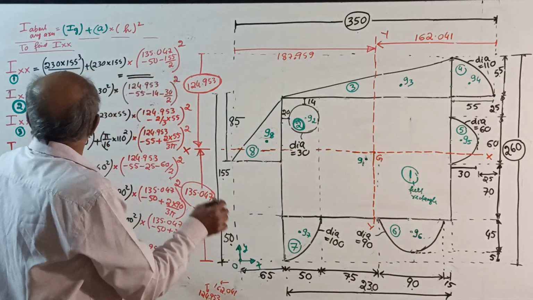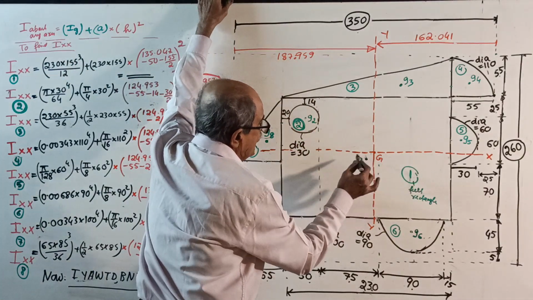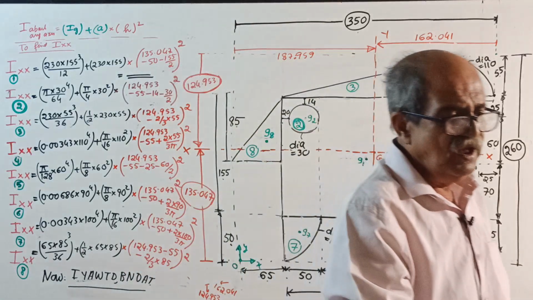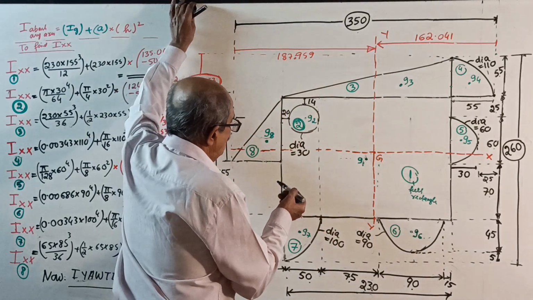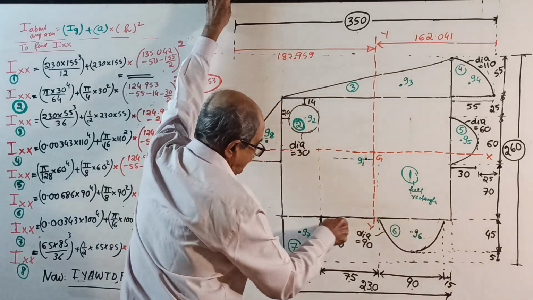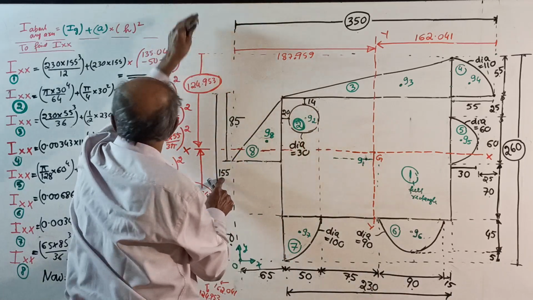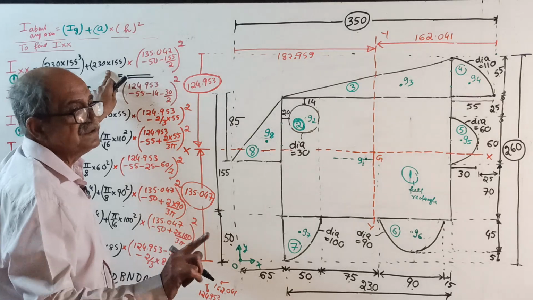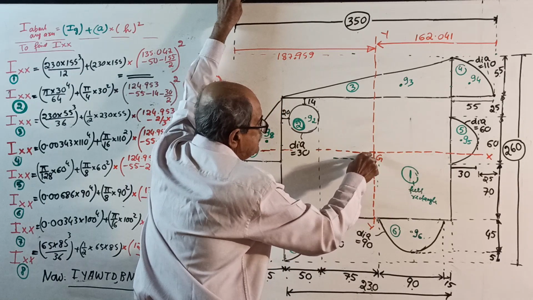Okay, start. I about xx. Now, a little fast I will tell. 1, rectangle. When I do I about xx, I should imagine the centroidal axis parallel to xx. So, I about its own centroidal axis: parallel side is 230, height is 155, so 230 into 155 cube by 12, plus area into the distance from centroid to xx squared.